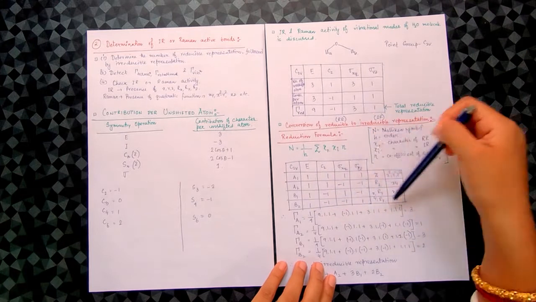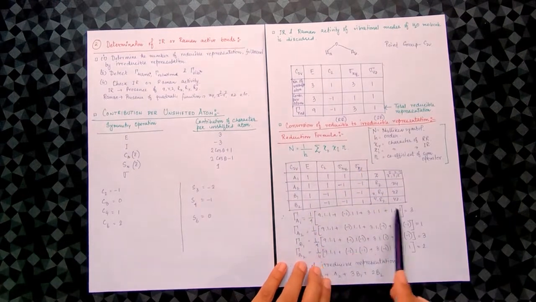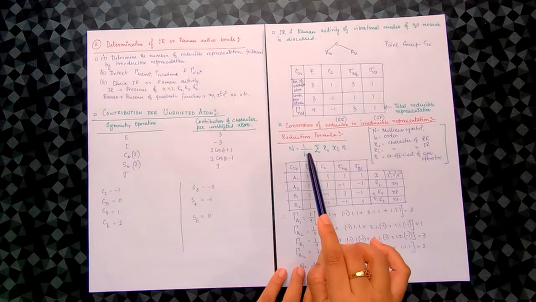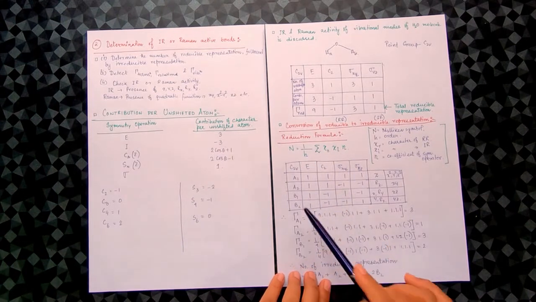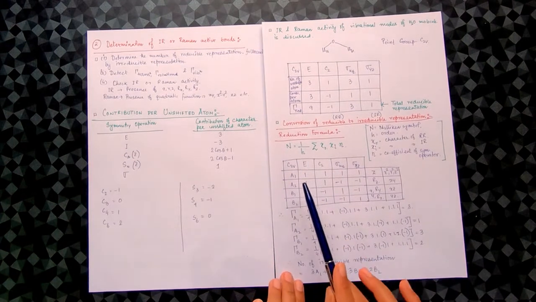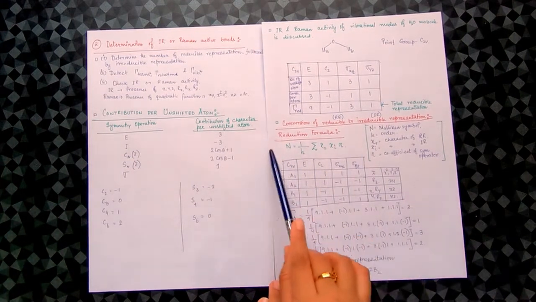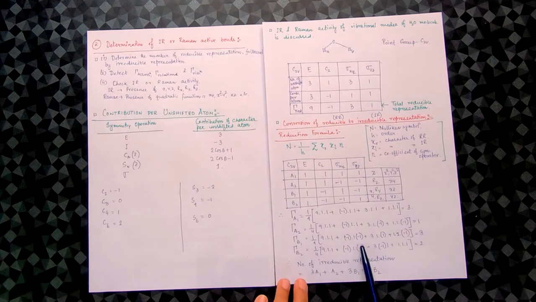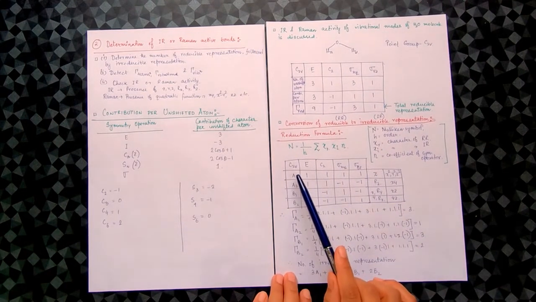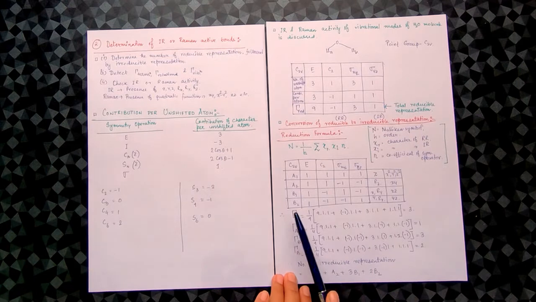Now we have the character table as well. So I have written the character table of C2v, and we can get these values from this character table and do the calculation with respect to this formula. So for the first one, irreducible representation A1, what are we going to get? 1 by 4, where 4 is nothing but the order of the point group.